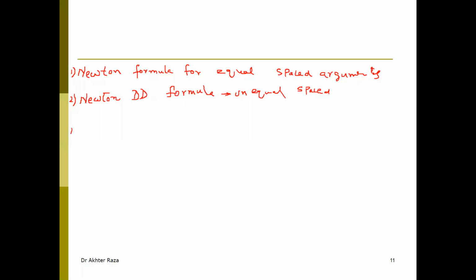This is number one: Newton formula for equally spaced arguments.